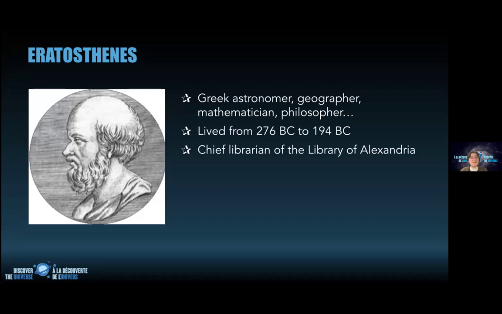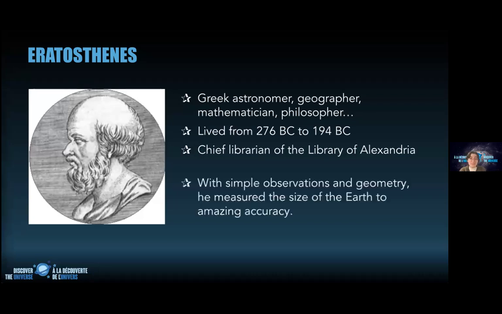And that's what led to this experiment that he did. He was the chief librarian at the Library of Alexandria as well. He made simple observations, and using geometry, he was able to calculate the circumference of the Earth to amazing accuracy.